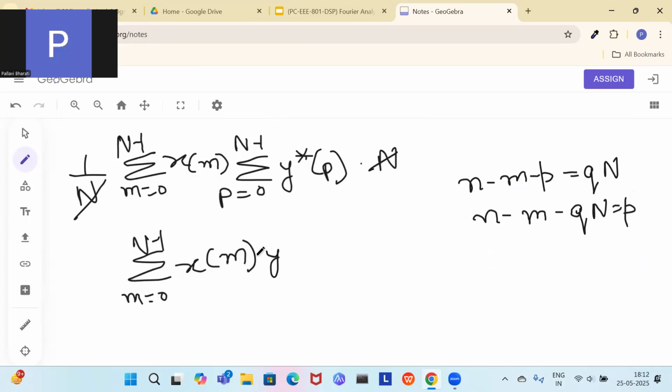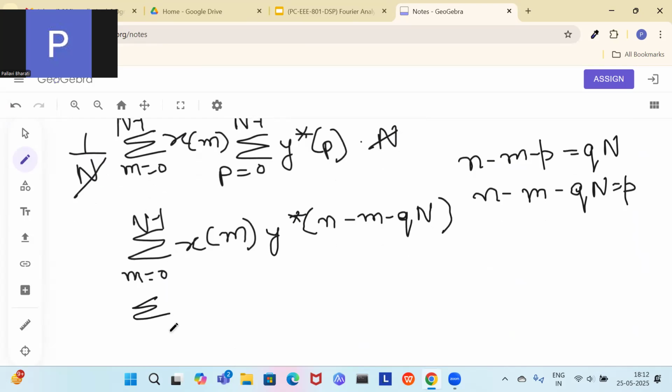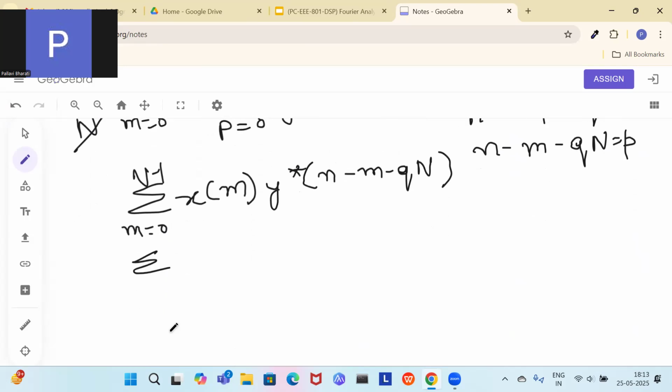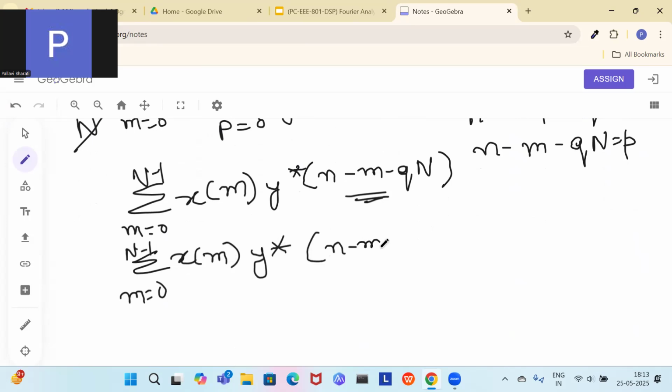So what I'll write here is y star of n minus m minus qN. This becomes equivalent to saying n minus m modulo capital N, because it is a circular convolution.